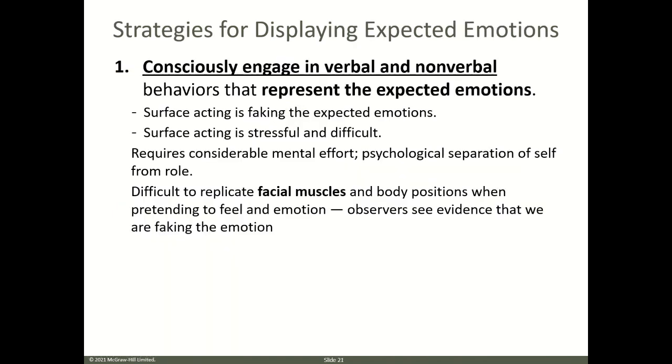Now, if you talk about strategies for displaying expected emotions, what is an expected emotion? Expected emotions are those that will be judged and evaluated, and will be set by the organizations. So what are the strategies for displaying the expected emotions?